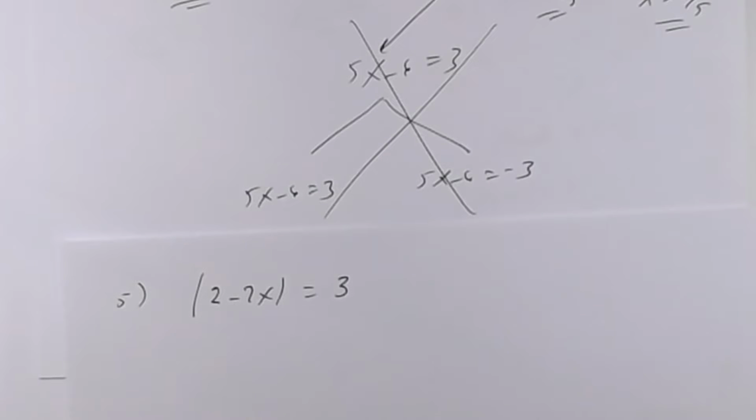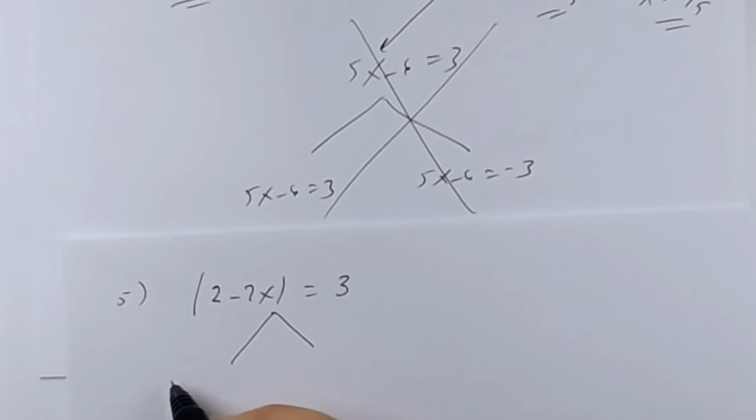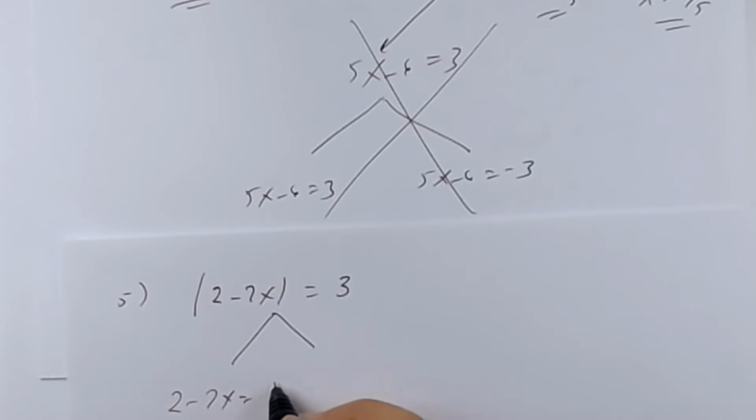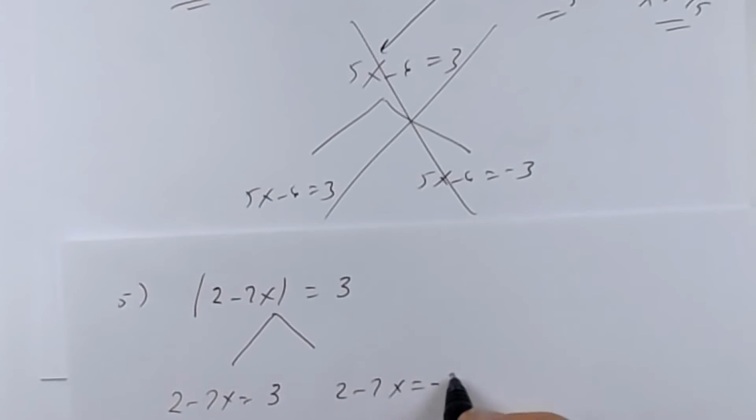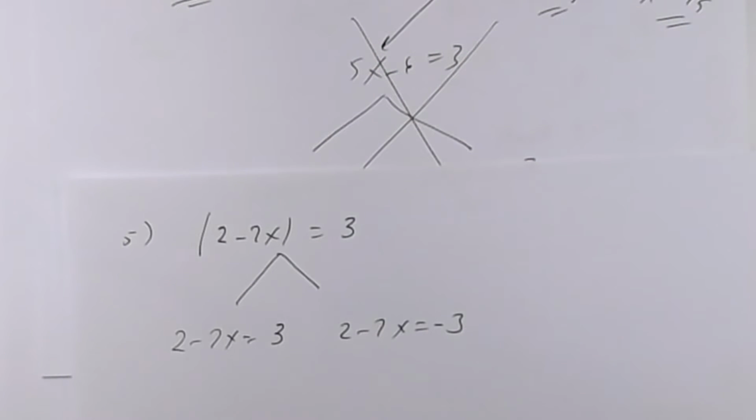Notice the absolute value bars are already by themselves, all right? So what's the next step? Split them into two separate equations, two linear equations. So 2 minus 7x equals positive 3, and 2 minus 7x equals negative 3. And then you solve each linear equation.